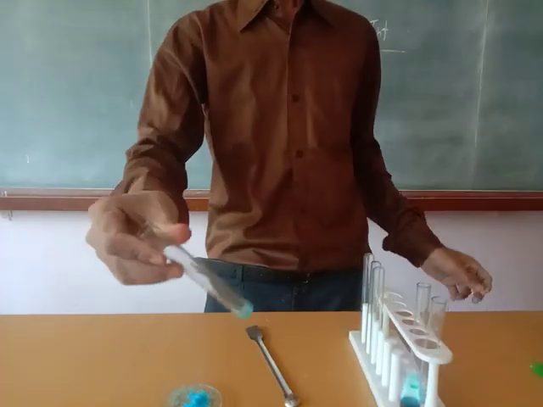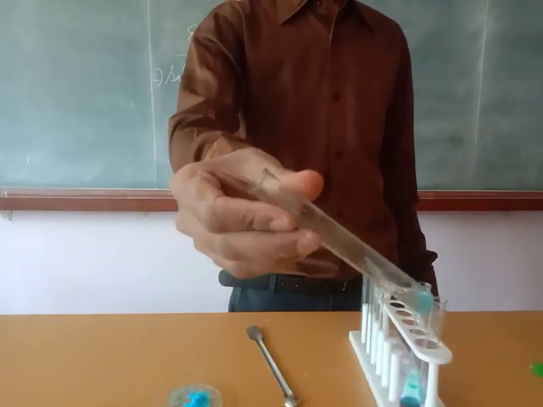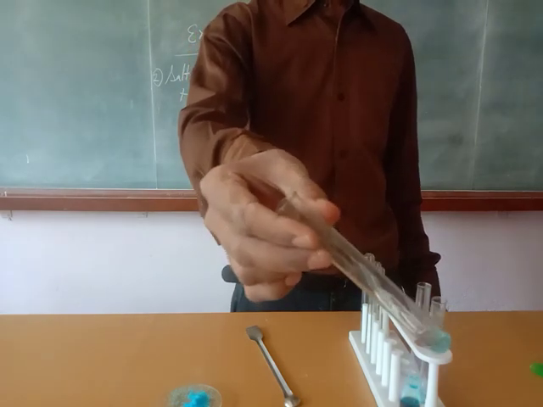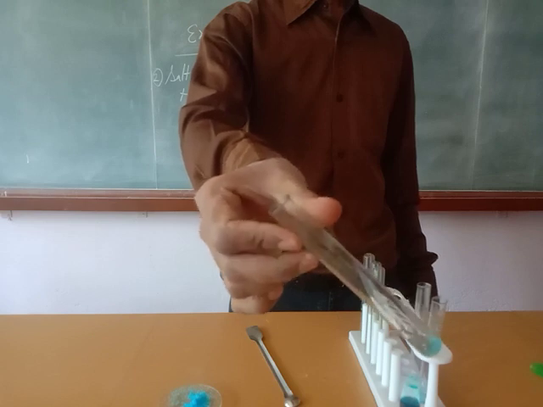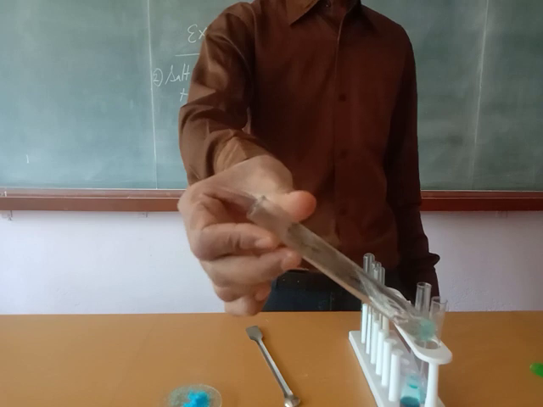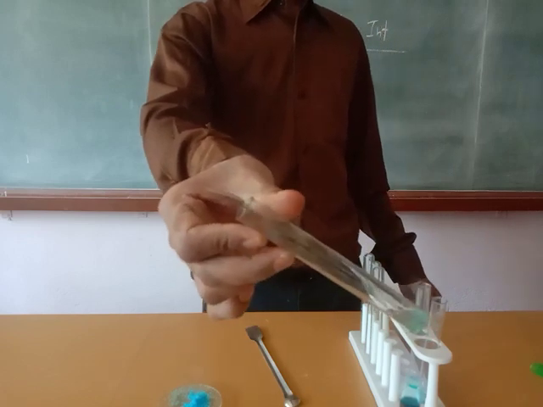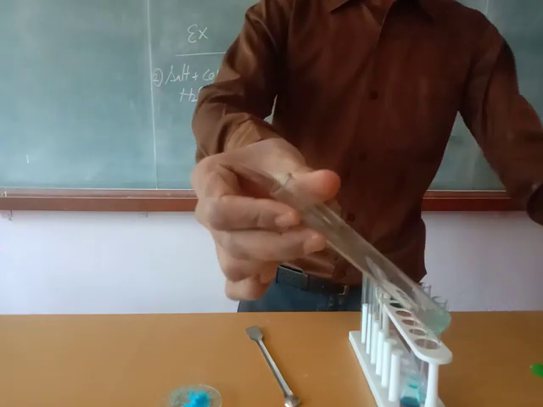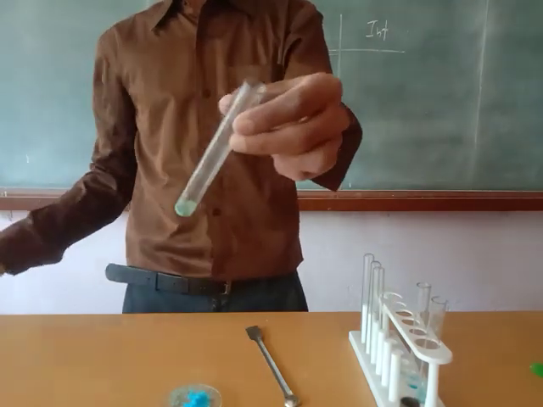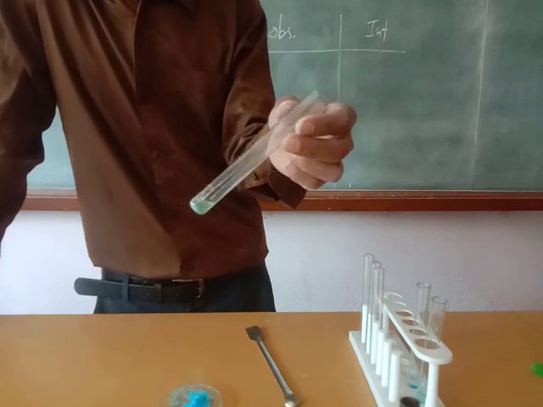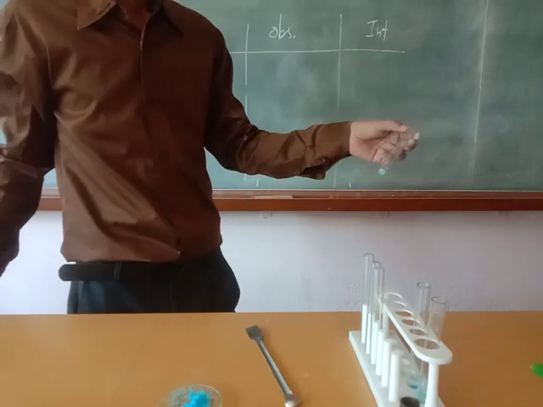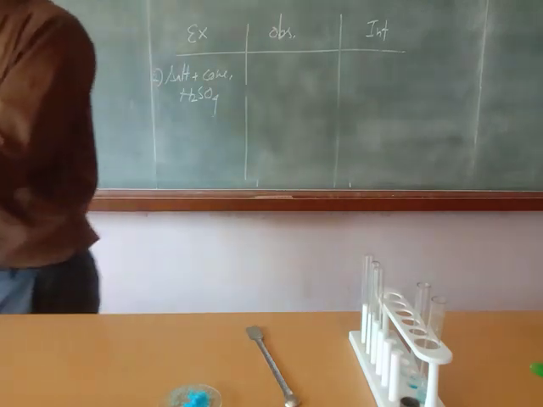So I have applied heat here after adding copper turnings. So there is no observation. After heating, if you observe reddish brown fumes, then it indicates nitrate radical. So again, there is no observation. You throw the sample.